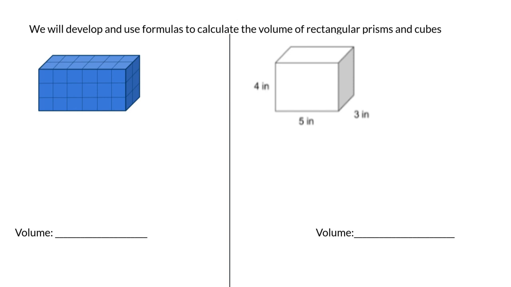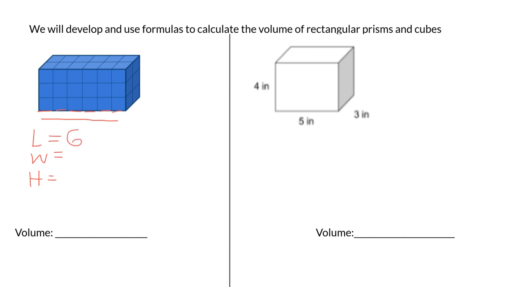So we need to do that first, and we can do that by counting how many unit cubes make up our length, our width, and our height. I'm also going to write on here our length, width, and height. We're just going to count those quick to do that. I'm going to do this side as my length. 1, 2, 3, 4, 5, 6.